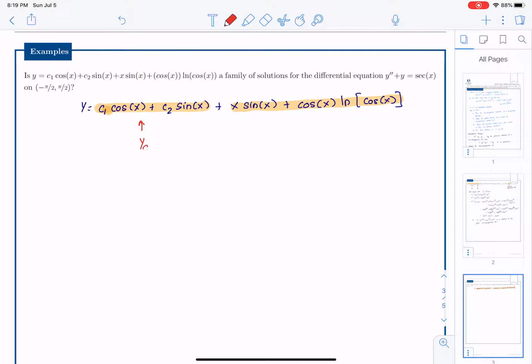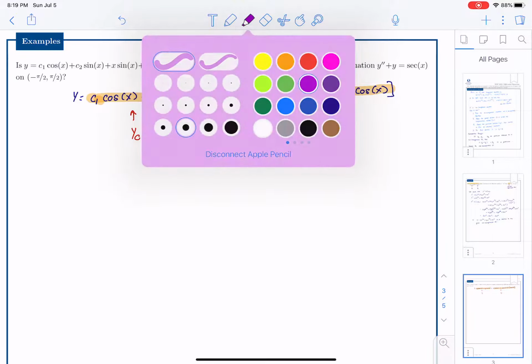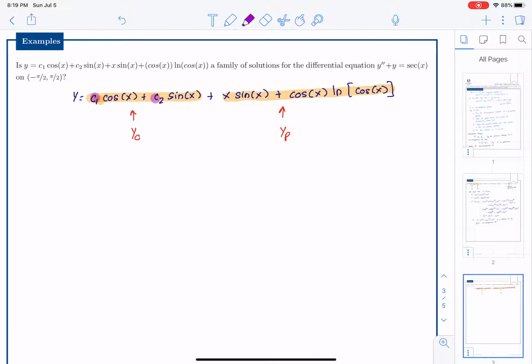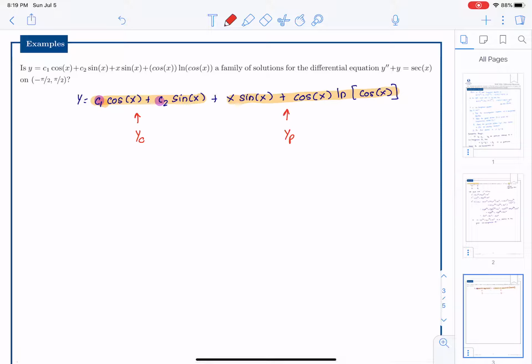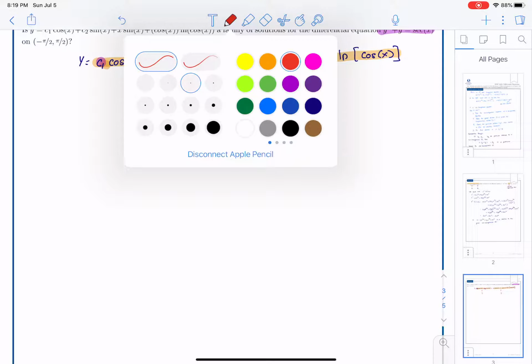That part is the complementary solution, and that part is the particular solution. Why is that the complementary solution? Because it has the arbitrary constants C1 and C2. And the other part is the particular solution because it doesn't have any arbitrary constants. So we want to plug this in the given equation and see if we have a solution.